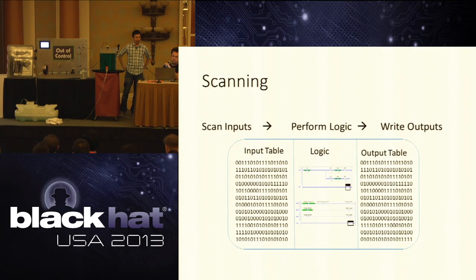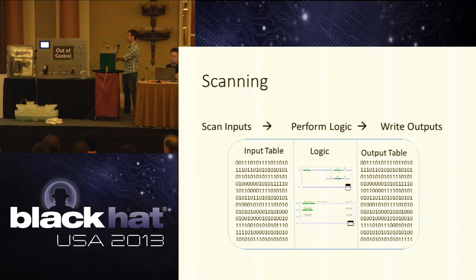Right, so when we talk about what a PLC does, a PLC does very, very simple things. First, it scans its inputs, all of the inputs in here. It scans the state of this, and then writes it into what they call an input table. That input table is just a memory region where it keeps the state of all of the inputs that it gets. Then there's a logic memory region, and that's just where that executing ladder logic process is.